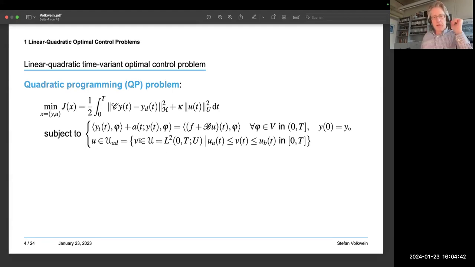And in addition, we also have control constraints, but simple bounds, so there's a lower and upper bound for the control in our problem. So these are the constraints, and the cost function is some quadratic cost function.